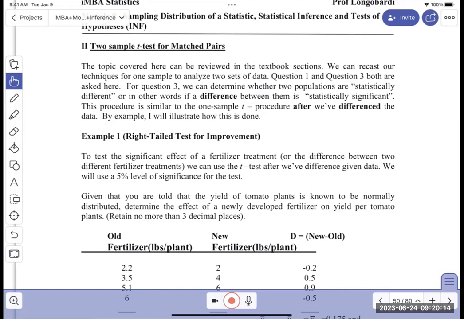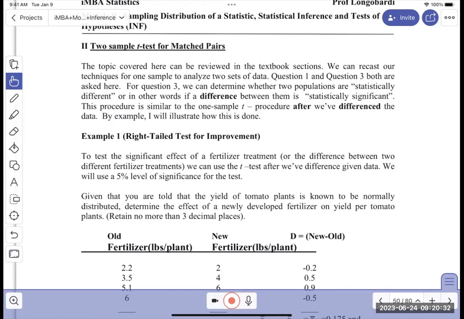Then we check to see if there's a difference between them. And now we know how to do this kind of difference testing by standardizing, right? To see if there's a significant difference found.